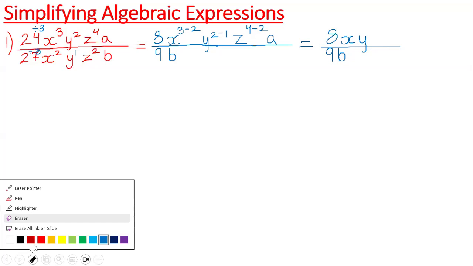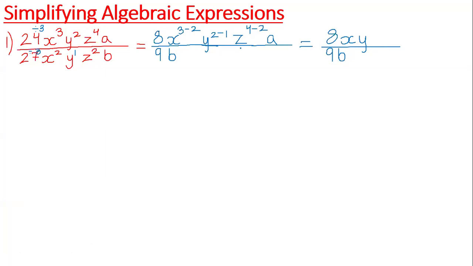And then we have z to the power of what? 4 minus 2 is 2. Z to the power of 2. Then we have a. And so what we actually have is 8xyz squared a all over 9b.